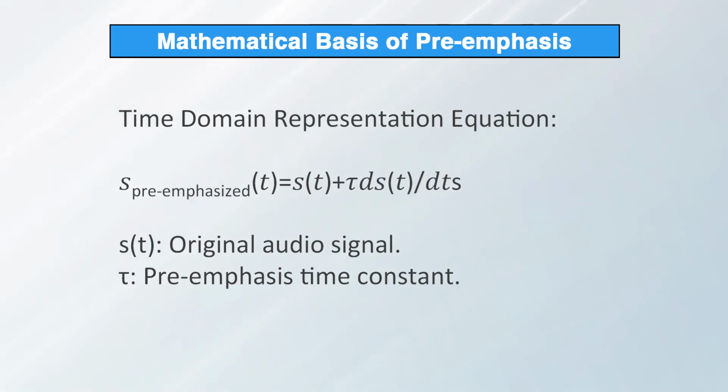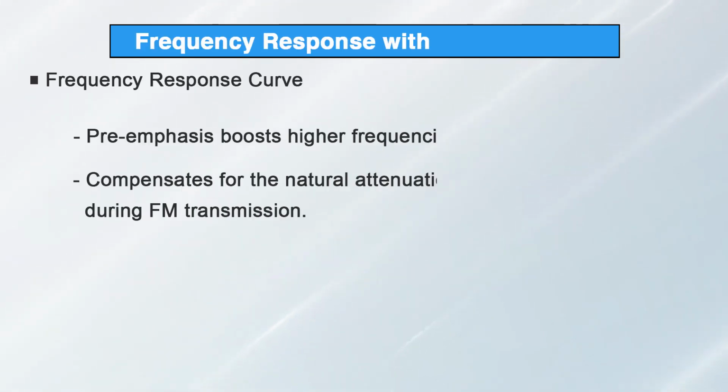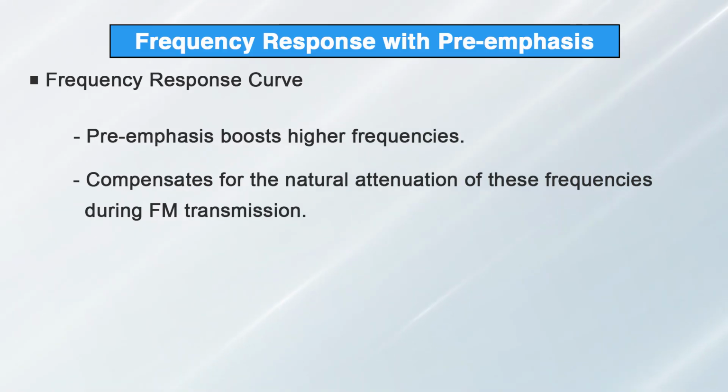The equation emphasizes the higher frequency components of S(t) by adding a derivative term proportional to the rate of change of the signal. Now, the frequency response: the application of pre-emphasis alters the frequency response of the transmitted signal.